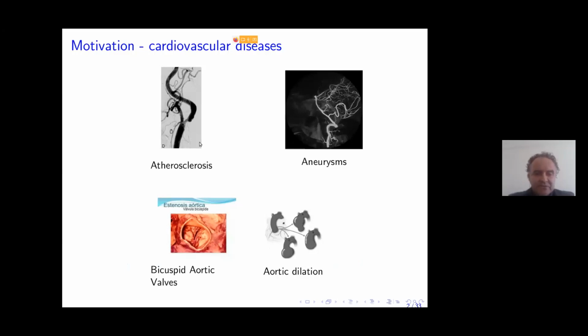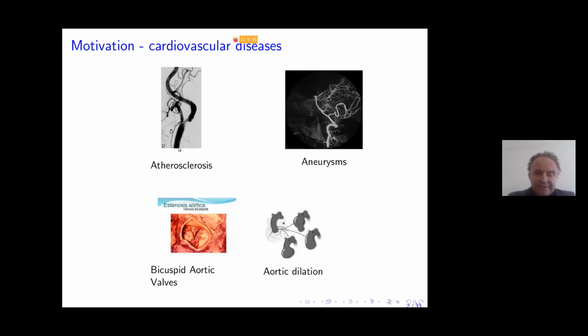One is atherosclerosis. There are also aneurysms, congenital heart diseases, and some others. Atherosclerosis is actually one of the most important, because this one is responsible for the larger number of deaths.